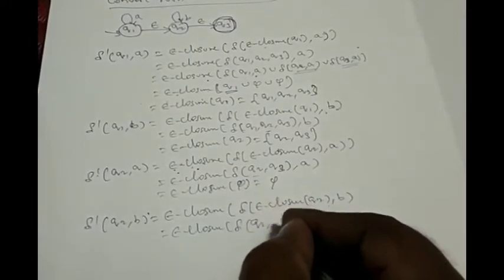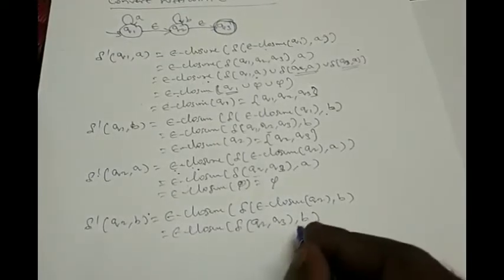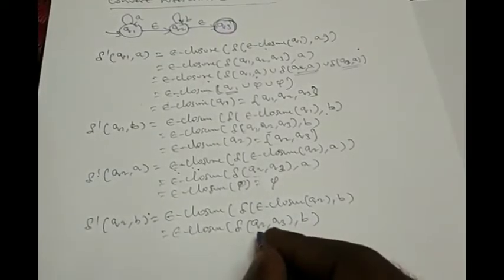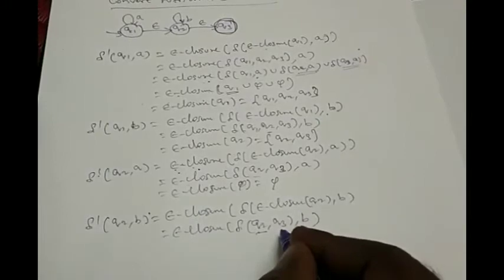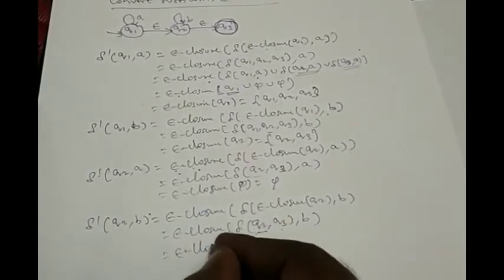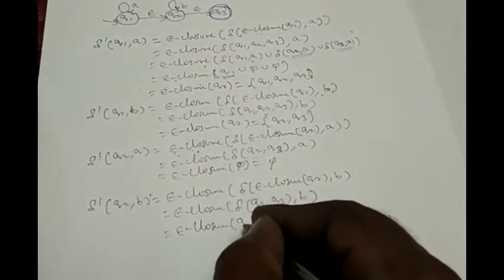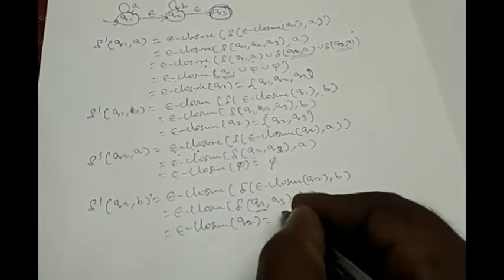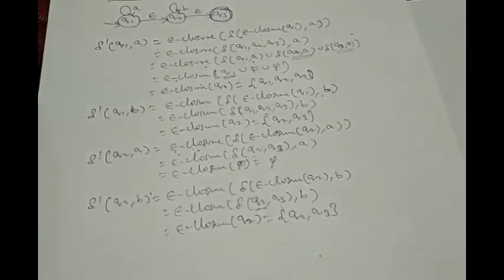It is Q2 comma Q3, so I apply B here. The only possibility is that you can apply B in Q2, as the transition diagram states. When you apply B in Q2, you come to Q2, and in Q3 you cannot apply B. So the answer is Q2. So epsilon closure for Q2 is Q2 comma Q3.